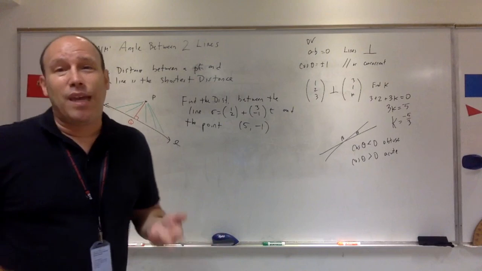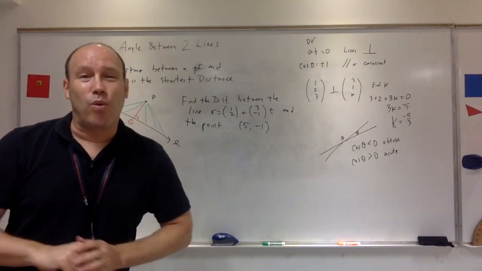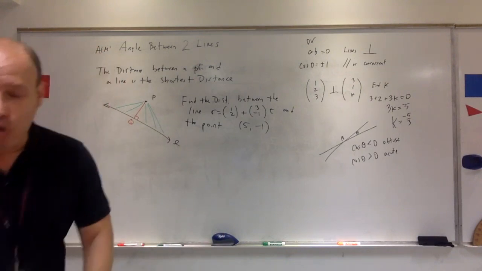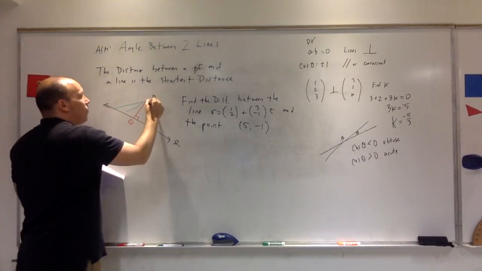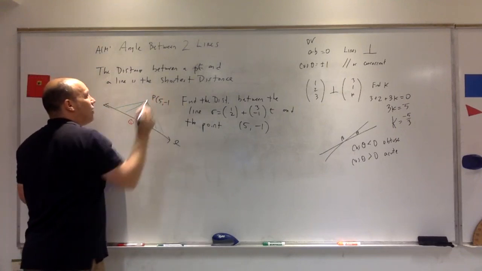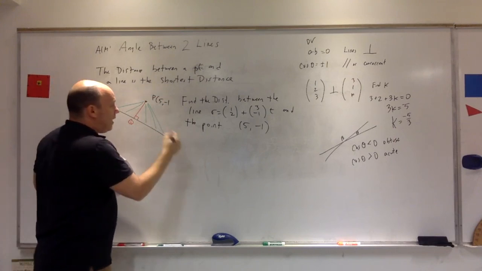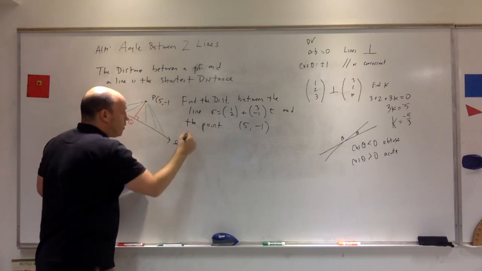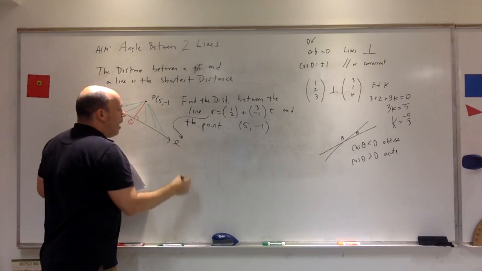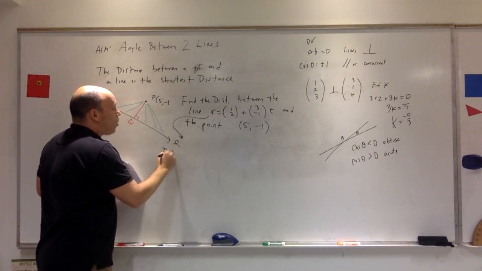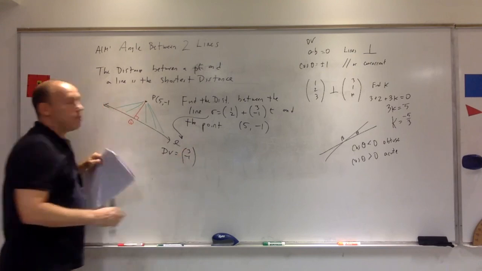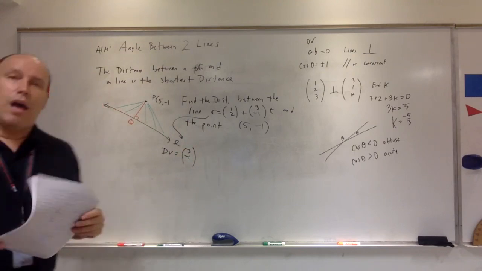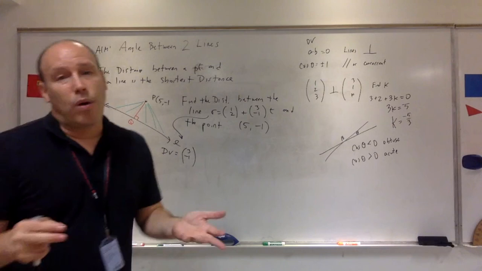Maybe you want to pause the video and think about it on your own, or you can just watch me do the problem. The first thing is I'm going to label my diagram. This is (5, negative 1). This line here has a direction vector of (3, negative 1). Now the question is, what do I do?